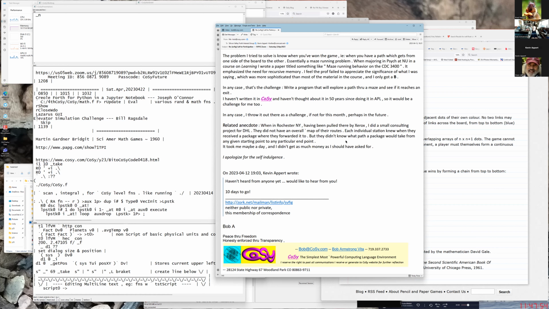It turns out that each individual station in their network knew that when they received a package going to some particular place, they knew where they would send it. Each node knew what it did with a package destined for some particular place.